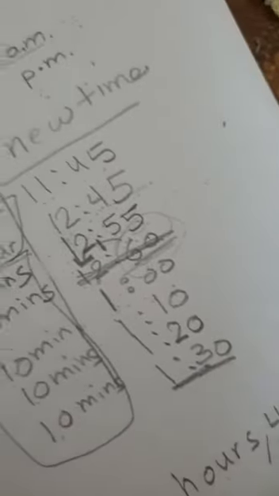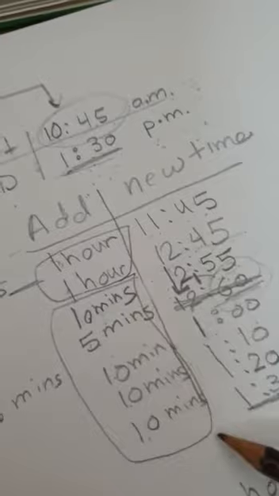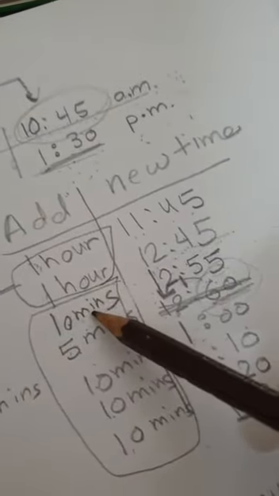So the elapsed time for these two different periods is 2 hours and 45 minutes. I will write it here. Yes, I know it's long and different, but if you follow the steps, it will become so easy.